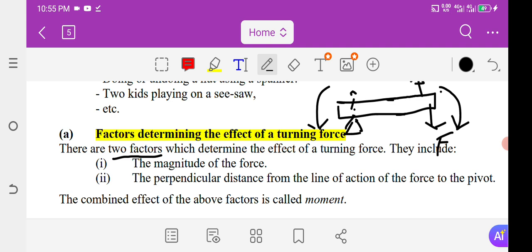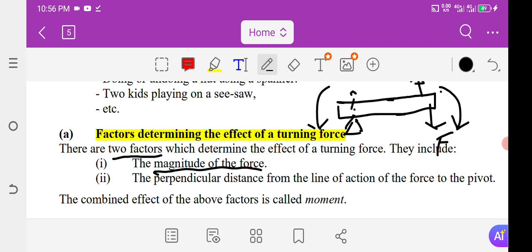So what determines the size of the turning effect? The size of the turning effect of such a body depends on the magnitude of the force. The bigger the force exerted, the greater the turning effect. In other words, when a large force is applied, the body is going to turn more.